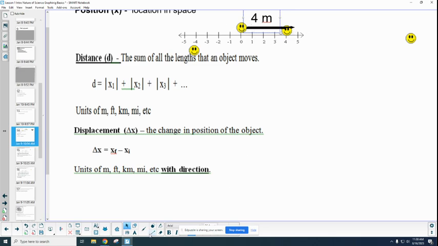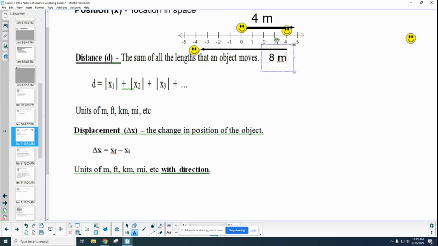And then if we go back the other way with our arrow, starting here at 4 and going to negative 4, that would be 8, because if you count 1, 2, 3, 4, 5, 6, 7, 8, that's 8 spaces. So that would be 8 meters for that second leg of the trip.